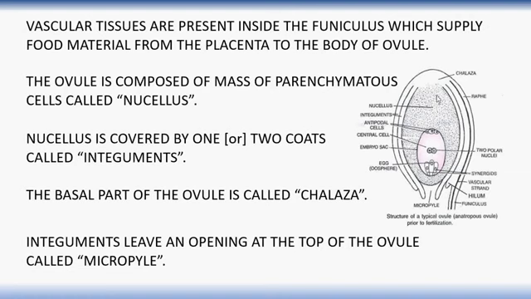And the ovule is composed of all this dotted region with parenchymatous cells called nucellus, and this nucellus is covered with two coats called integuments, outer integument and inner integument. These integuments on the top of the ovule leave an opening called micropyle.